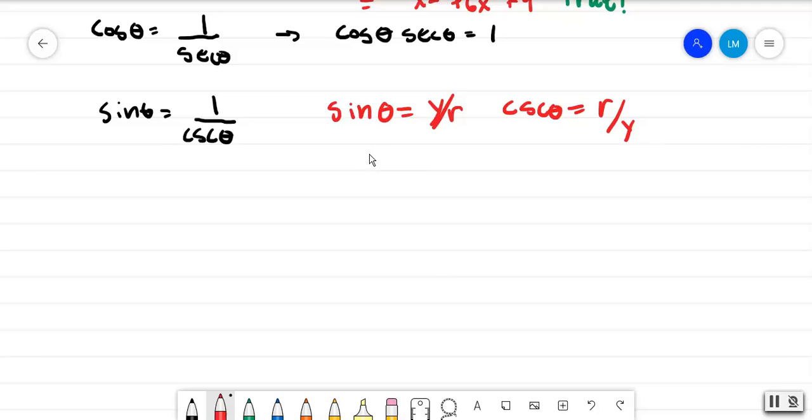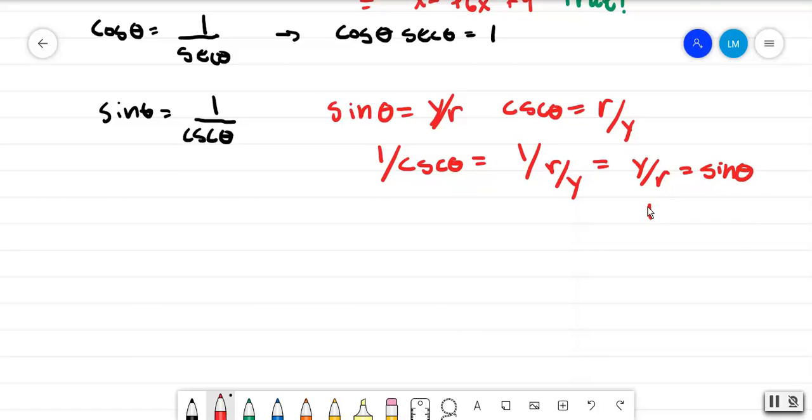If that's the case, then 1 over cosecant of theta would equal 1 over (r divided by y). But that's the same thing as y over r, which is equal to sine theta, which in this case is true. Now we don't necessarily have to conclude every single statement with true or not. We can always say thus has been proven, or QED, or just put a little square box.